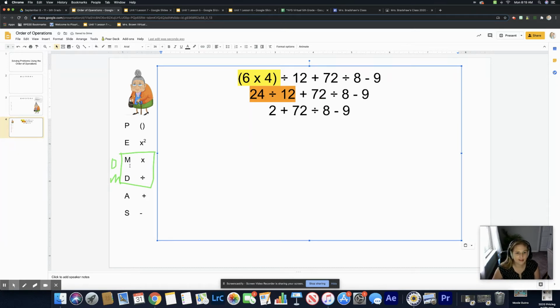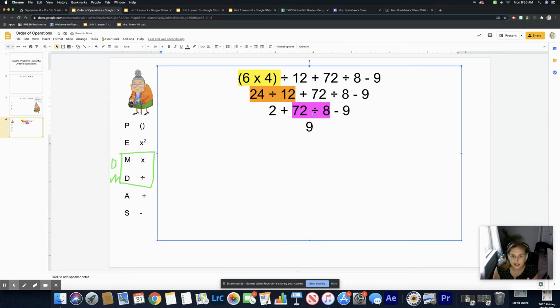All right, do I have any more multiplication or division within this problem? I do. I have 72 divided by 8. So I have to figure out what is 72 divided by 8. Well, I know that 8 times 9 is 72.